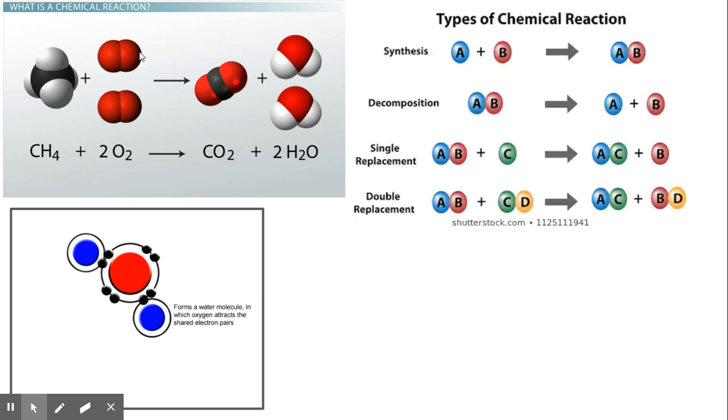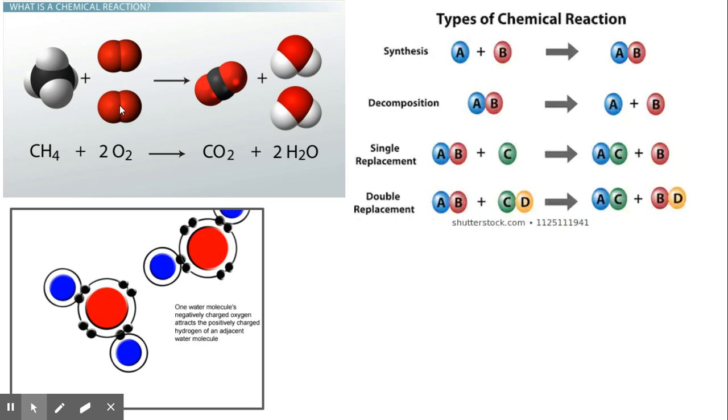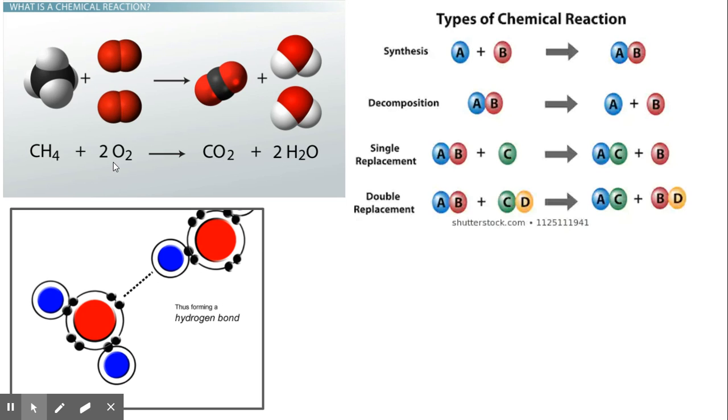So here is the same thing. It's a chemical reaction written two ways. One way is with the chemical formulas, and another way here is with the models of the atoms. This reaction here is the combustion, which is basically setting on fire, of methane.